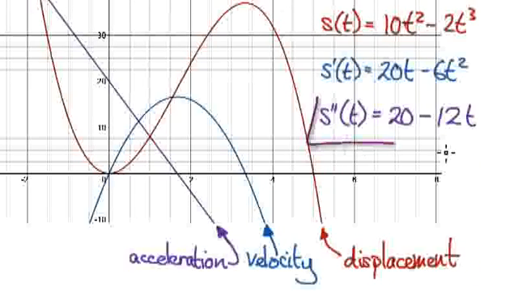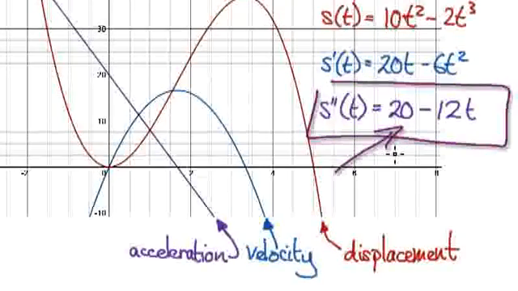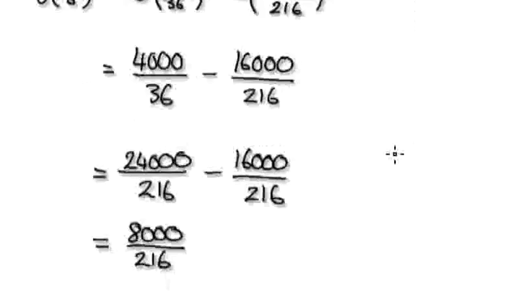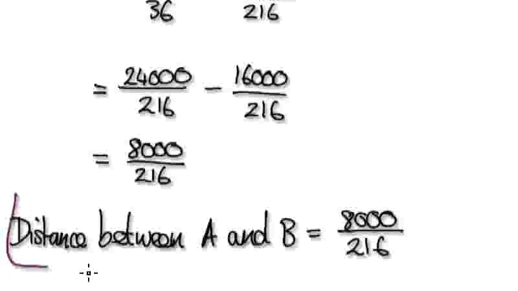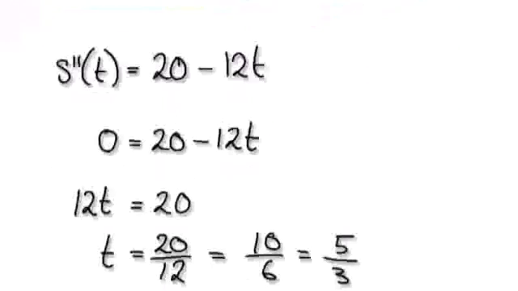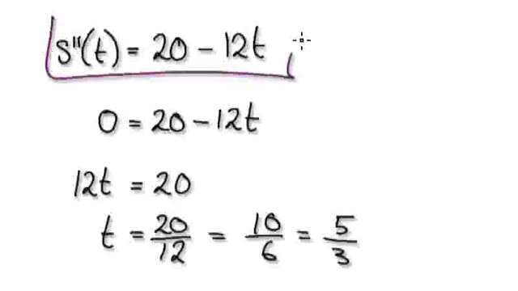That would then give us the acceleration equation, and then find out when this will be 0. So we've done the distance between A and B given by this, and now we differentiate it twice. That will give us this here.